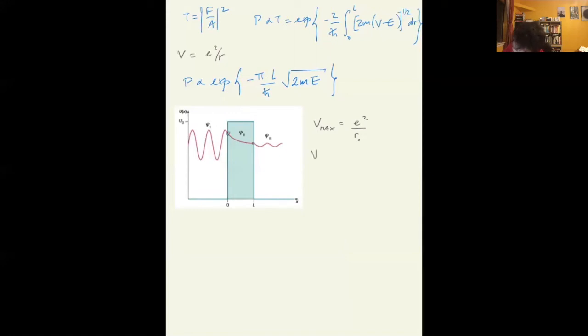So it's when V is equal to E, and that's equal to e squared over L plus R naught. We can approximate L to be much, much bigger than R naught, since the energy is so small that you are still very far away from the barrier. Once your kinetic energy becomes smaller than the potential energy of the barrier, you can write that the energy is equal to e squared over L.